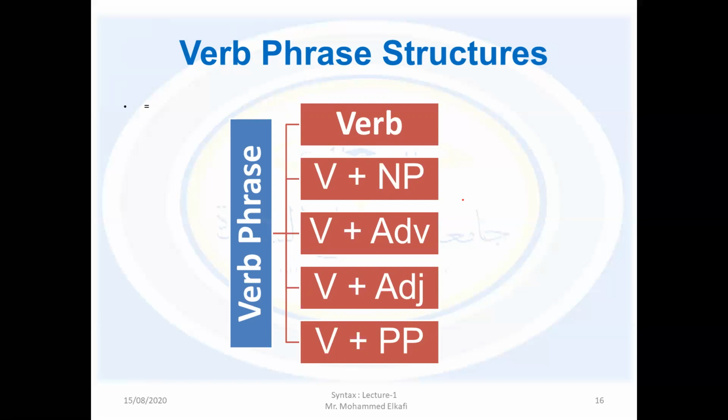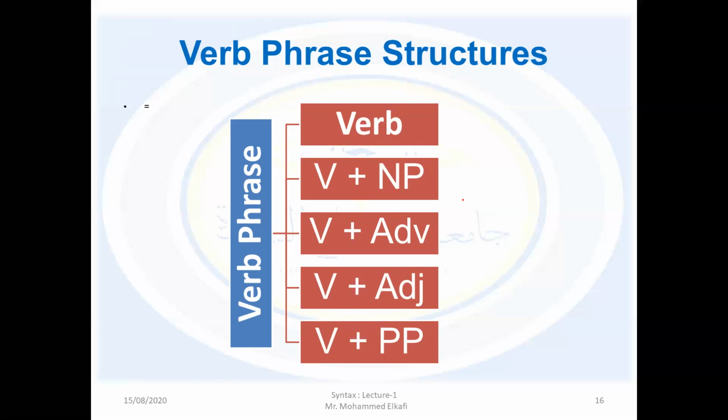Verb plus adverb is the third structure of the verb phrase, as when we say she runs quickly. Quickly here is an adverb used with runs, and runs is a verb. So runs plus quickly makes a verb phrase.